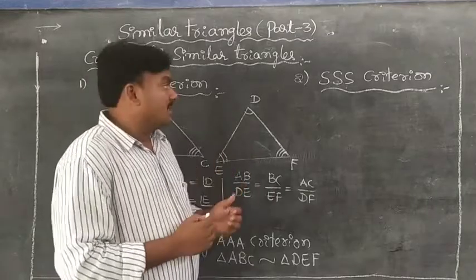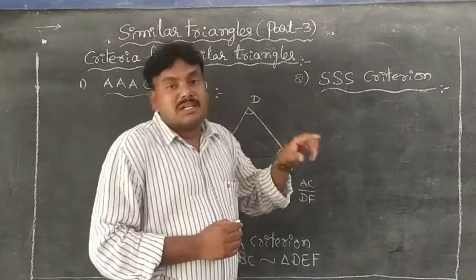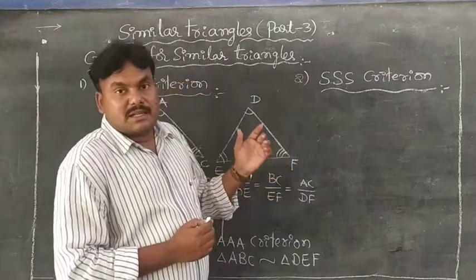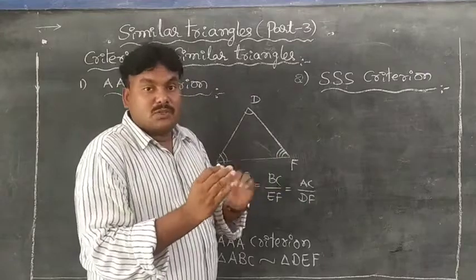Once again, students: in two triangles, if the sides are proportional and the angles are equal, then both triangles are similar to each other.